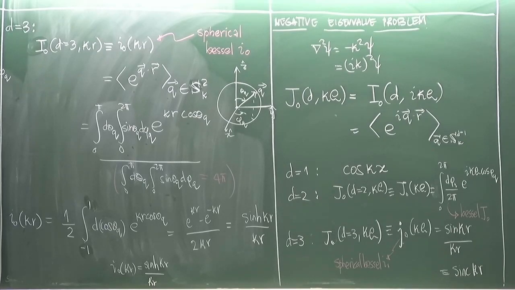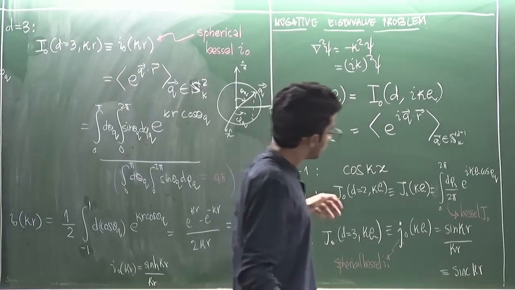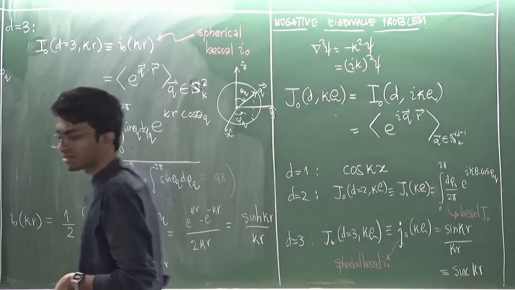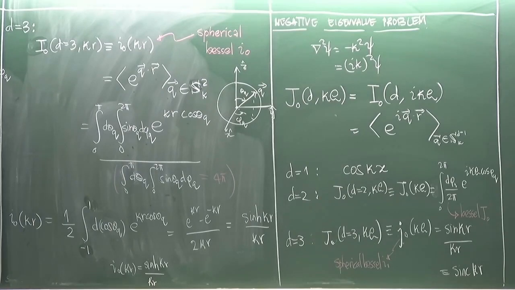You take a dq and do an integration, then you integrate over the full circle and you get the electric field on the axis. But some of you might have wondered, how do you get the electric field away from the axis? And that's the problem I solve next time. As we will see, that will involve Bessel J0 for d equal to 2, the cylindrical Bessels. Okay, let's stop here.